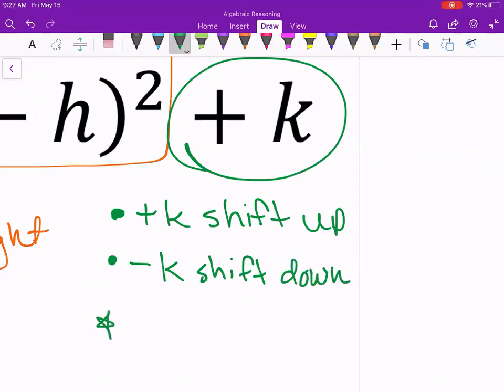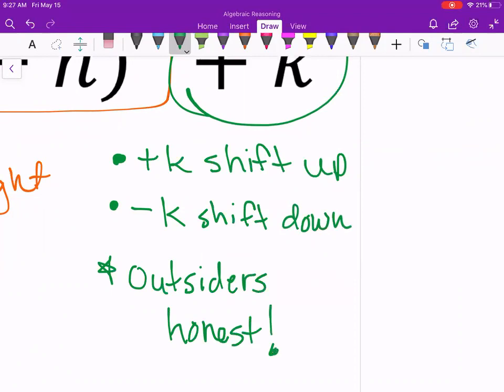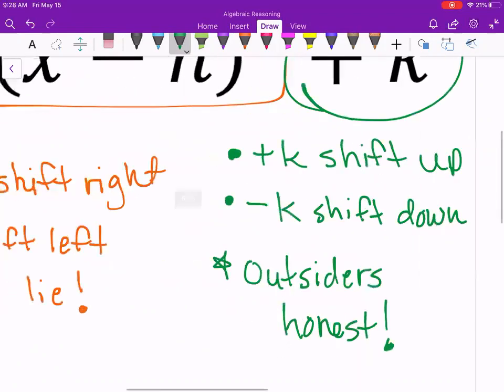And again, the big thing here is, since it is outside of these parentheses, outsiders are honest. Okay, outsiders are honest. So we're going to use all of this, use these little bits of review, and do it all together on one big quadratic.